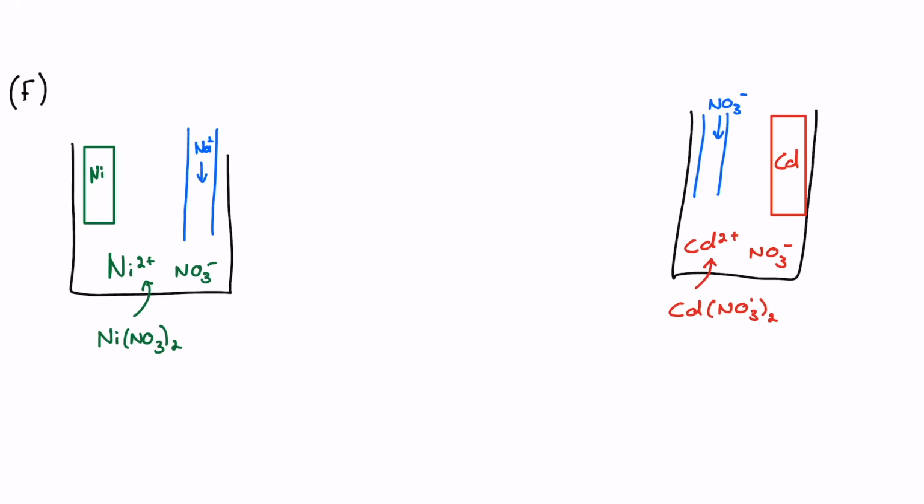All right. So now to maintain neutral conditions in both of these half cells, we need to think about how these ions move. So what happens at our cathode? Well, our nickel 2 plus ions are reduced to nickel solid.